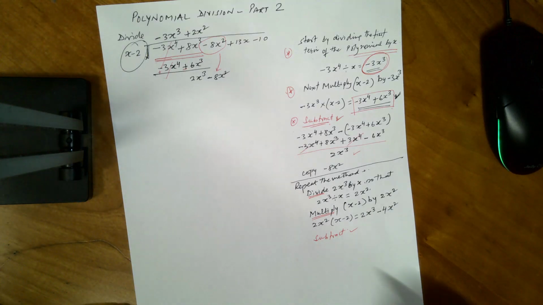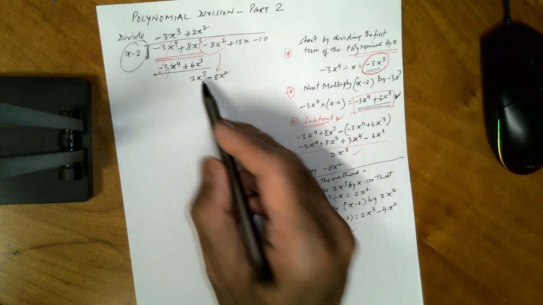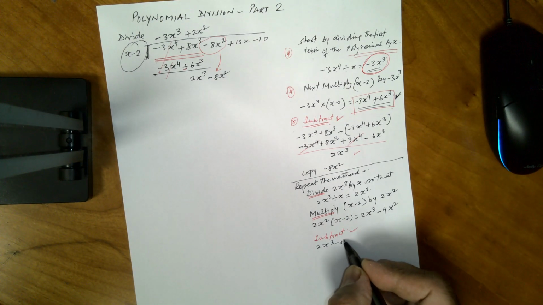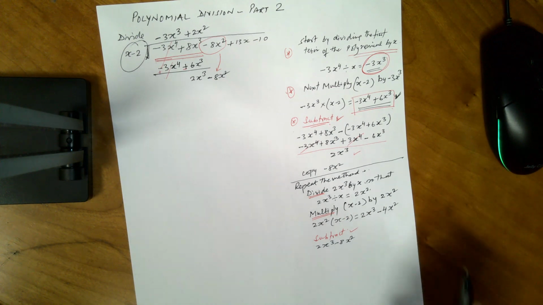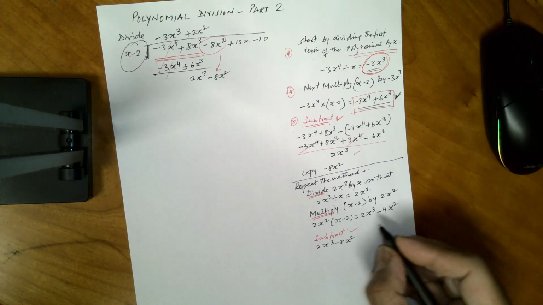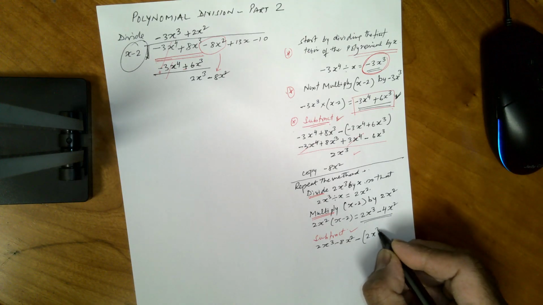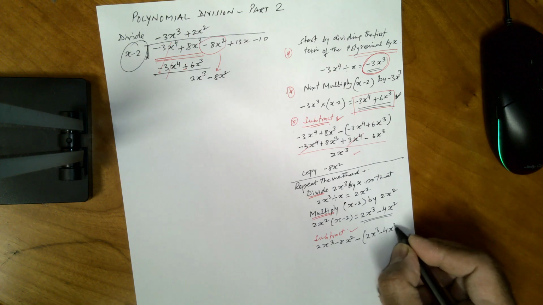So we will do subtraction now. What we have here is 2x cube minus 8x squared. We need to subtract this, subtraction sign, 2x cube minus 4x squared.